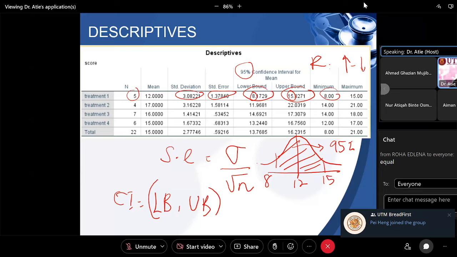You don't have that information here, so instead you can change it to the standard deviation and also standard error. I give you like 3 minutes for you to complete whatever information in table 115, for treatment 1, treatment 2, and treatment 5. So by using this descriptive table, can you please do this one?